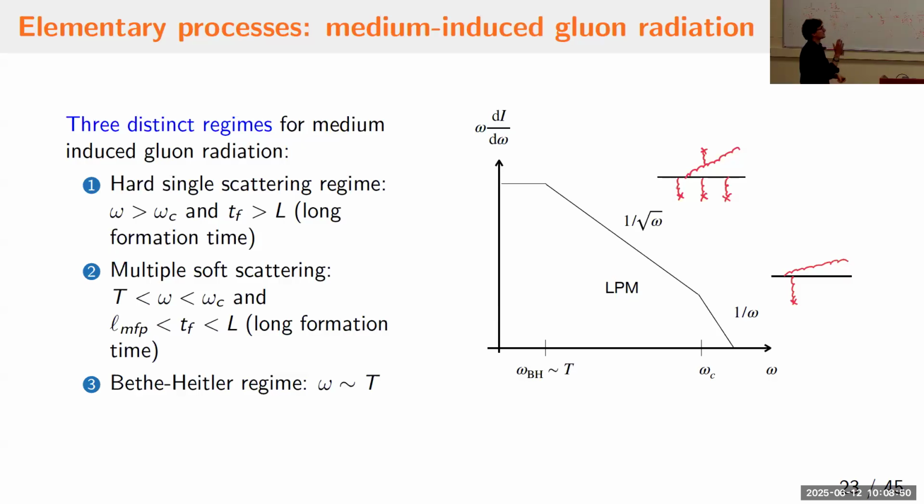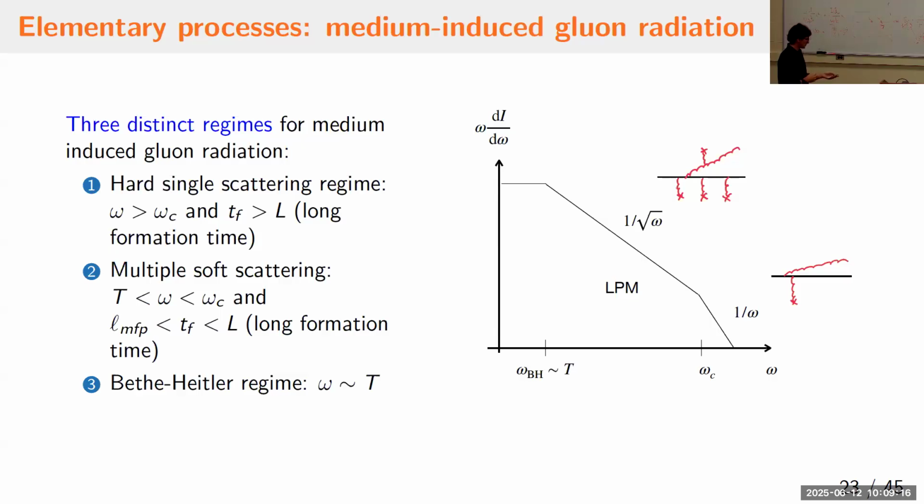So here, of course, we are assuming a brick, homogeneous, just for the sake of this parametric discussion. In principle, the medium dynamics should be encoded in the time dependence of the quenching parameter q hat. So q hat depends on the geometry, depends on the dynamics of the plasma, and this will be reflected in q hat. So q hat will decrease as a function of time, and so will the radiation spectrum.